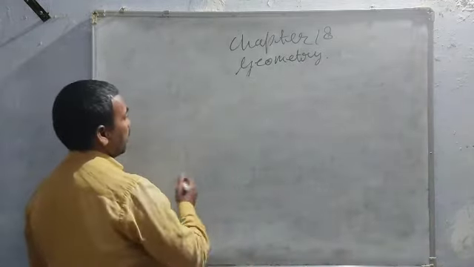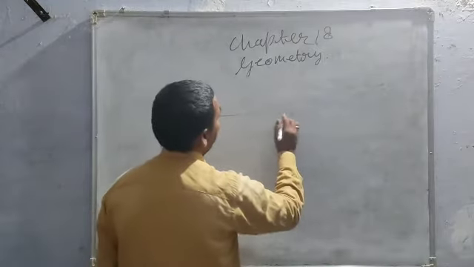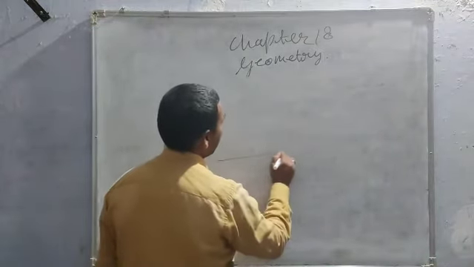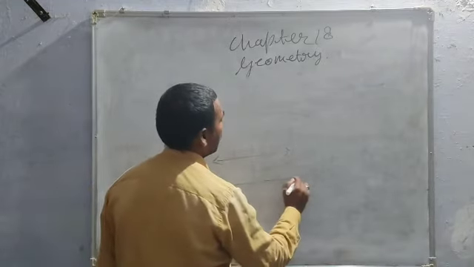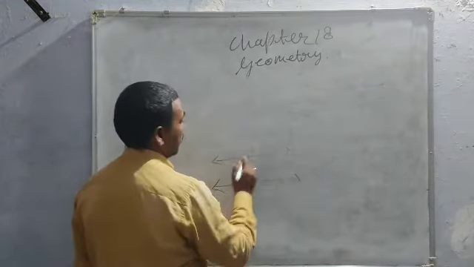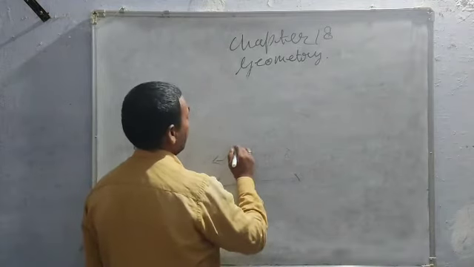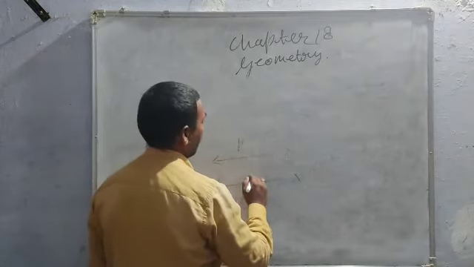Suppose here two lines are given, named small p and small q.